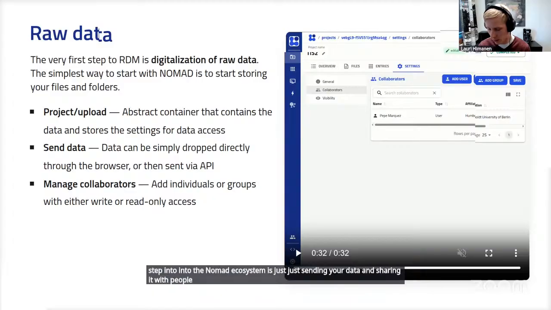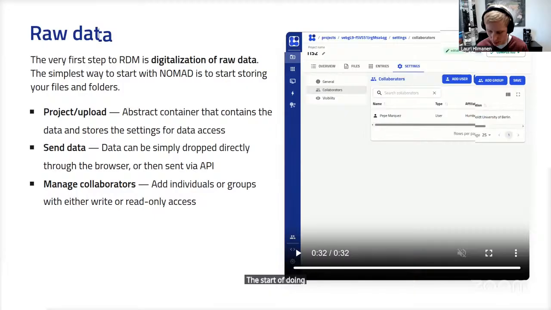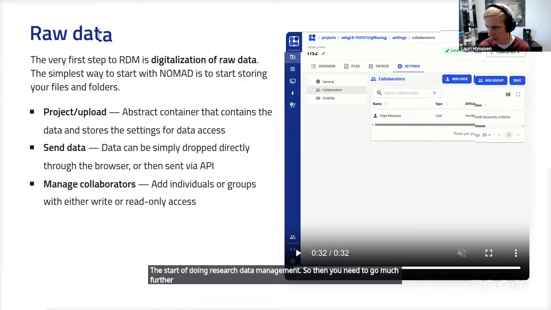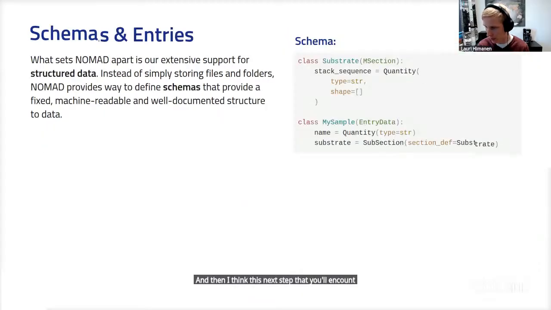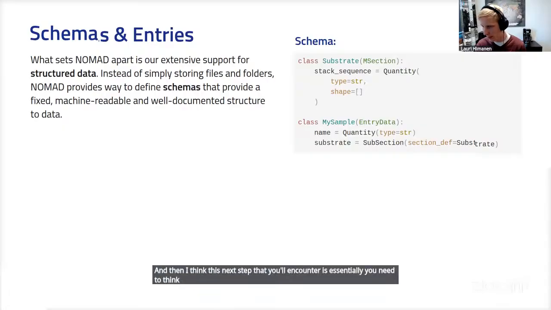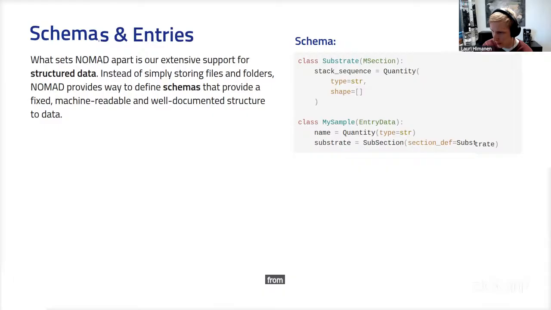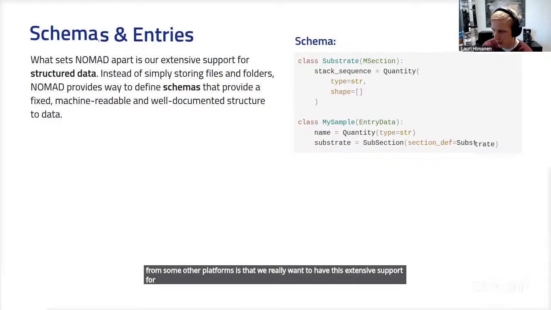But this is obviously just the start of doing research data management. So then you need to go much further. I think the next step that you'll encounter is that you'll need to think about schemas. And I want to emphasize that this is what makes Nomad stand out from some other platforms: we really want to have extensive support for structured data.